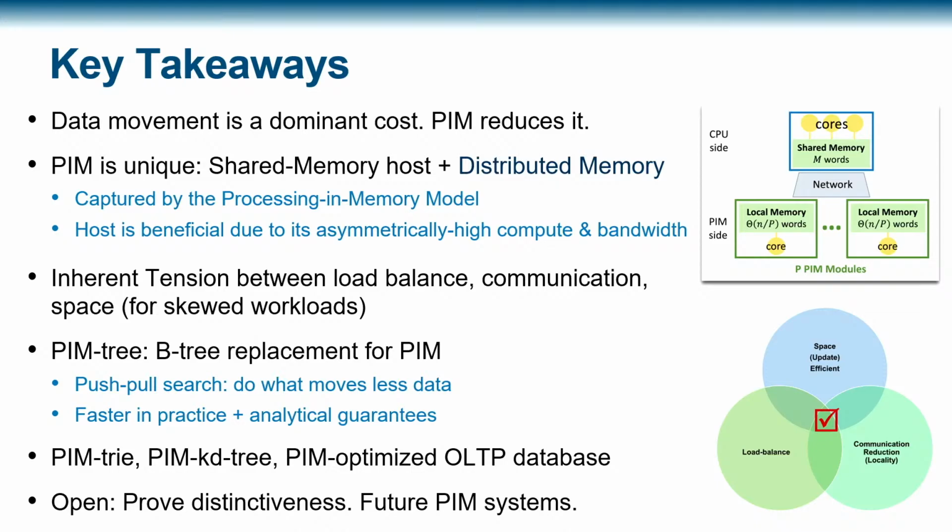Push-pull search is a really cool way to do things, and you can imagine applying that kind of strategy to any kind of compute, not just search, to decide on the fly what's going to move less data. We have analytic guarantees. It's much faster in practice. We've looked at all these other database-y, index-y kind of things, and we have some open directions we're pursuing. So with that, I will stop.